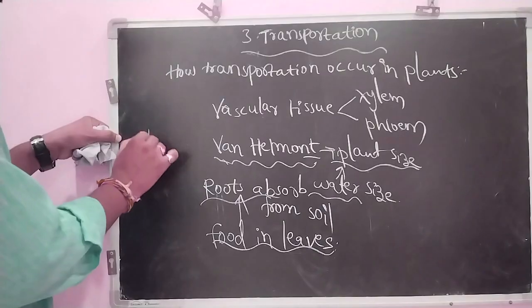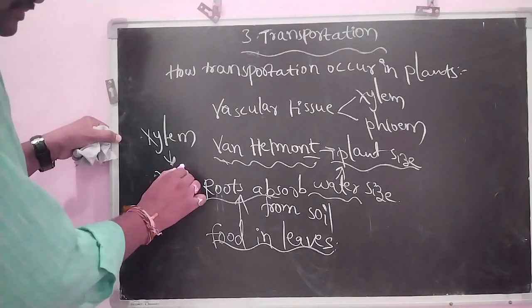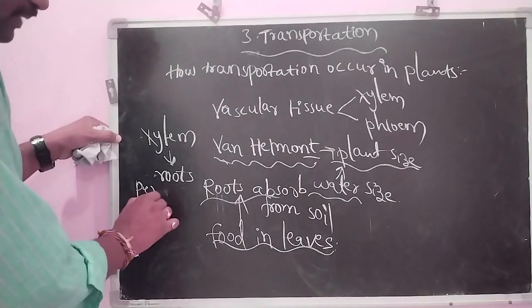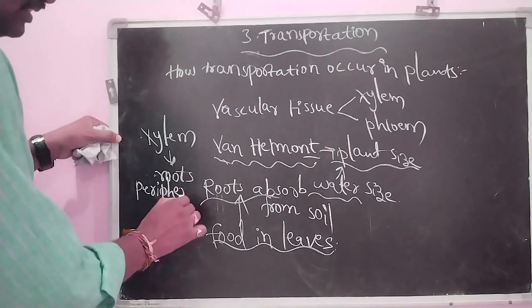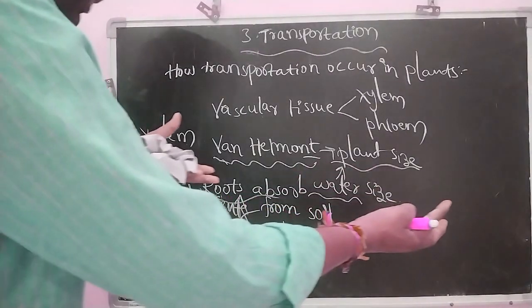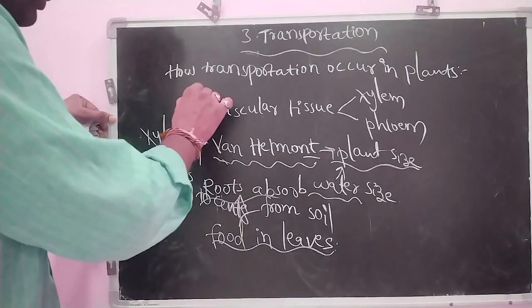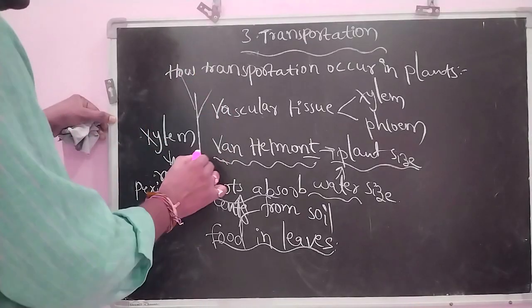So the xylem tissue in roots is present from periphery to center. Why? Because it has to collect water from the surroundings and distribute it to the stem area.